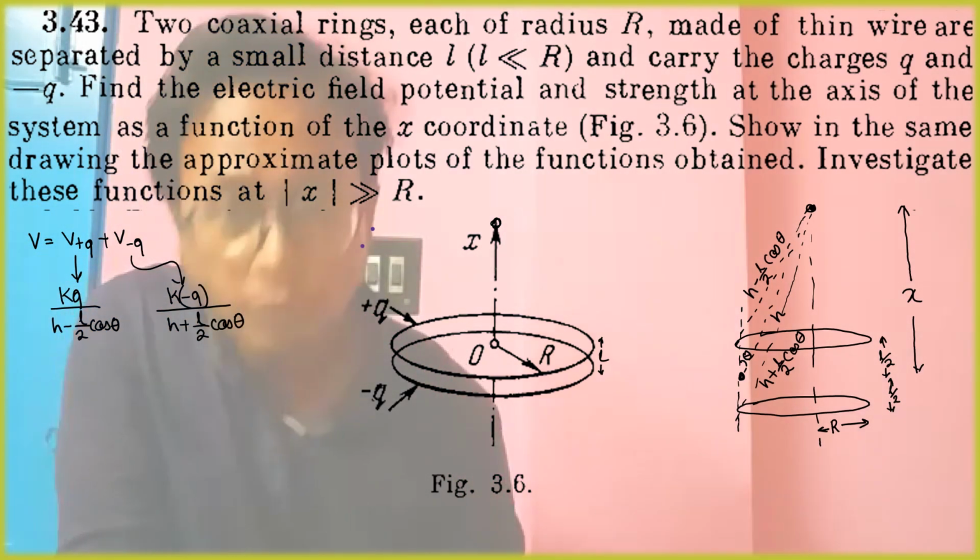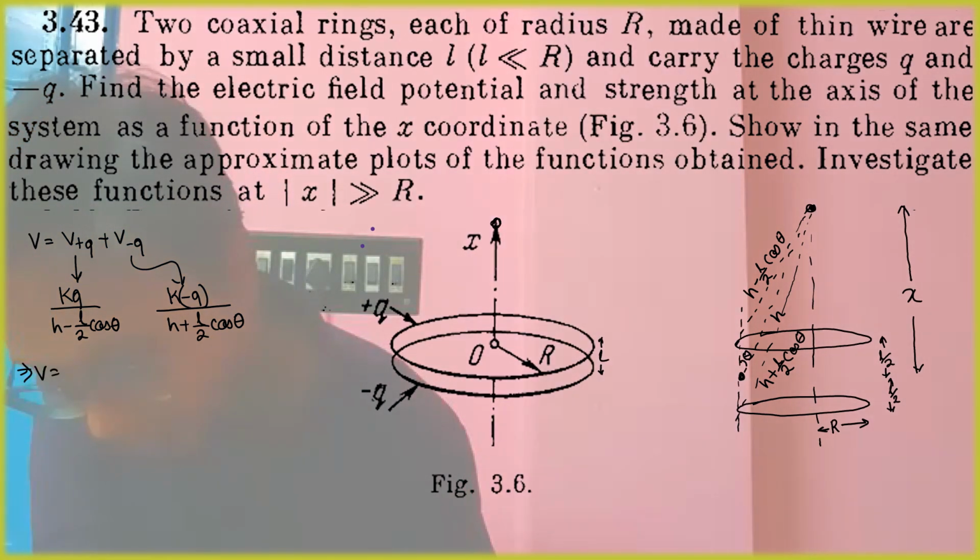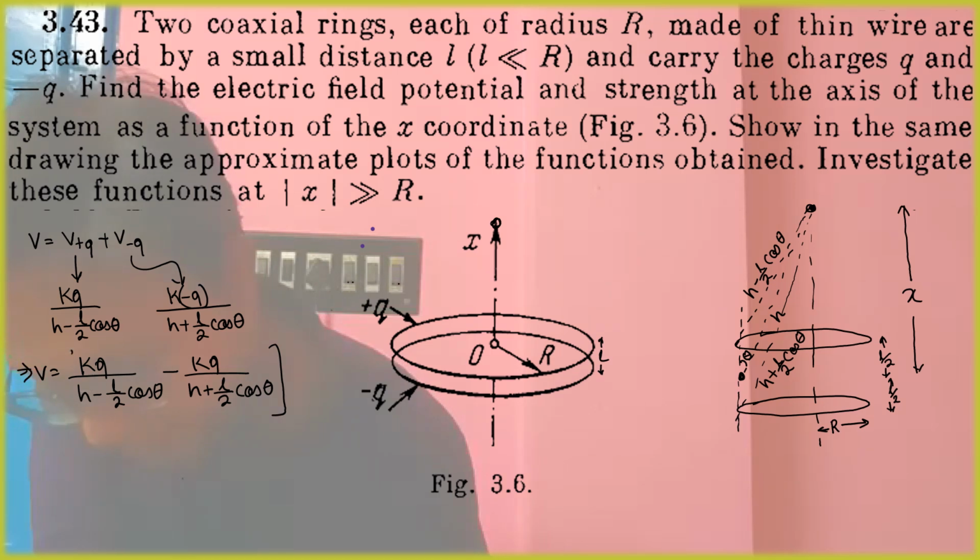So the total potential out here, V, is equal to, if I subtract, KQ divided by (h minus L by 2) cos theta minus KQ divided by (h plus L by 2) cos theta. I have to take KQ common. If I take KQ common, it would go outside.